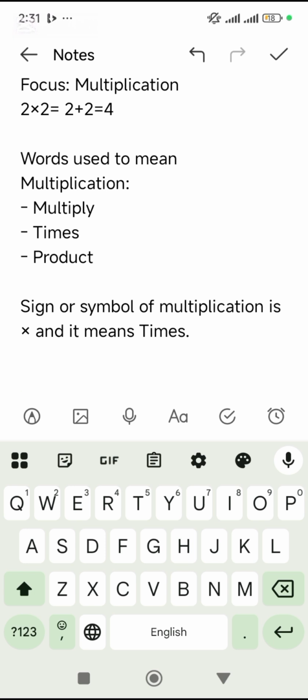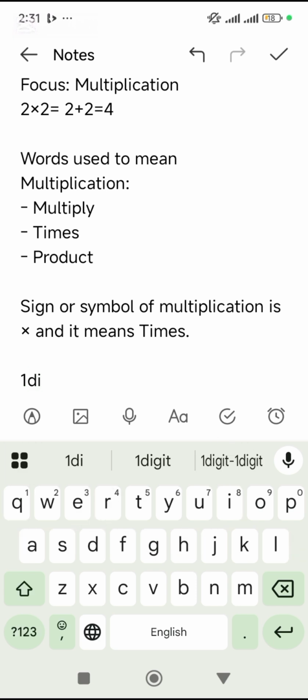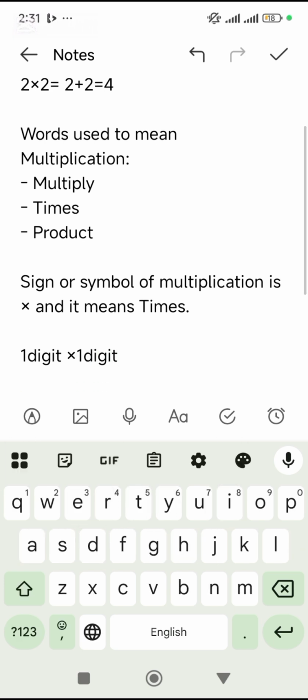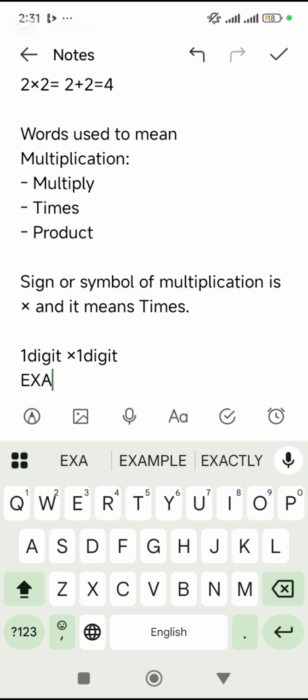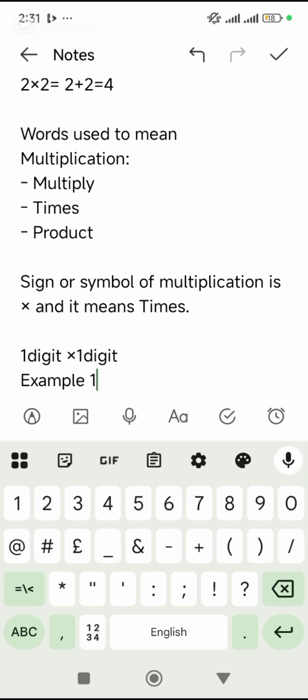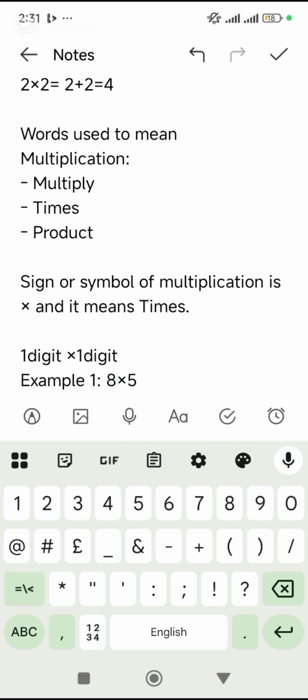Let's say example 1: multiply a one digit number times a one digit number. We can have, say, 8 times 5.